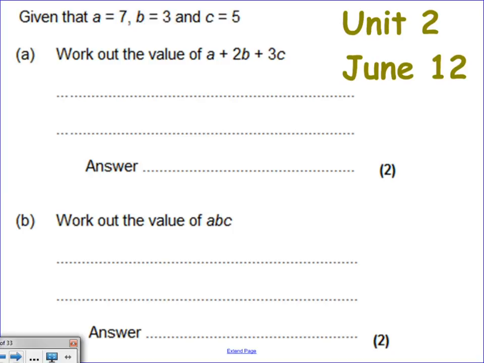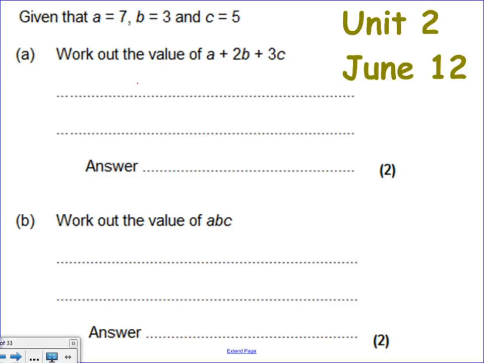And then the second part of the question is work out the value of ABC. So this is to test, do you understand what the text speak means? So this is in text speak, write it out in full. Once you've written it out in full, then put the numbers in that replace the letters. Put it in longhand for me.